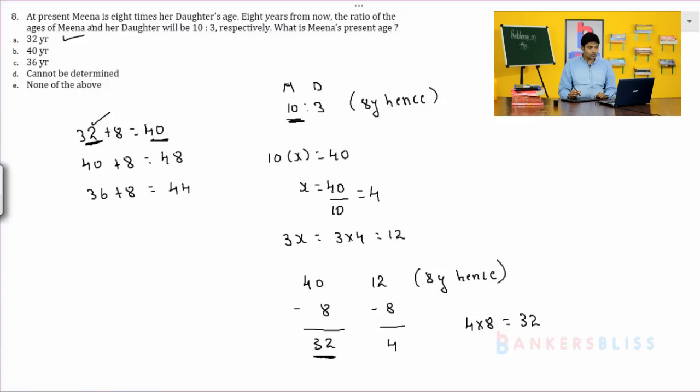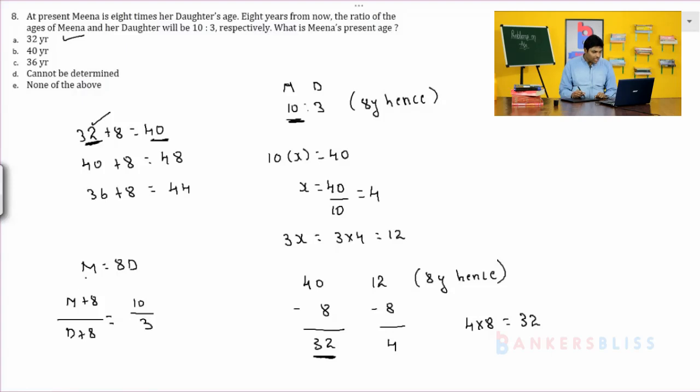If you want to solve through the general method, see here, according to the present condition, Meena is 8 times her daughter. So M is equal to 8D. Next, 8 years from now, Meena plus 8 and daughter plus 8, the ratio is 10:3.